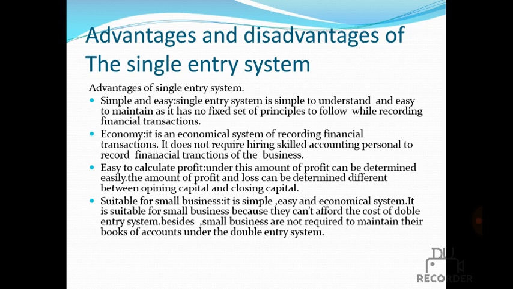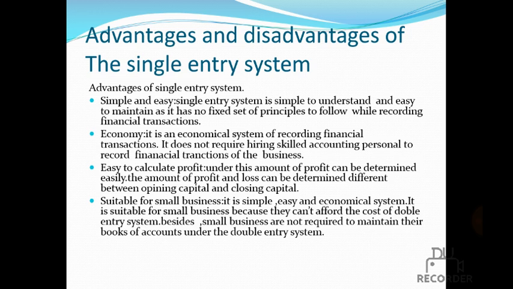Single entry system is simple. We already discussed simple, easy and economical. But small businesses do not have a higher capital to run the business, while the double entry system requires a lot of capital to prepare business transactions.